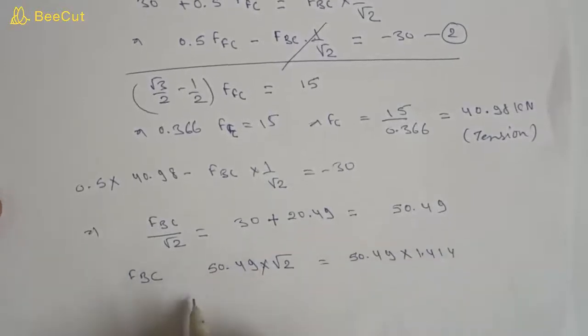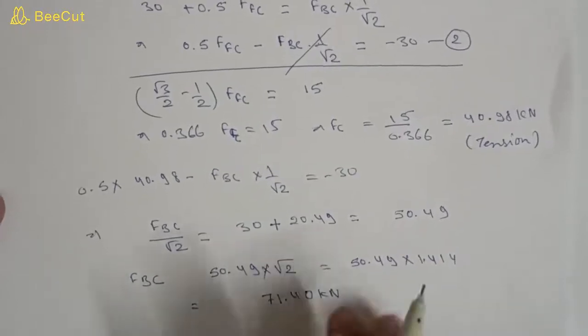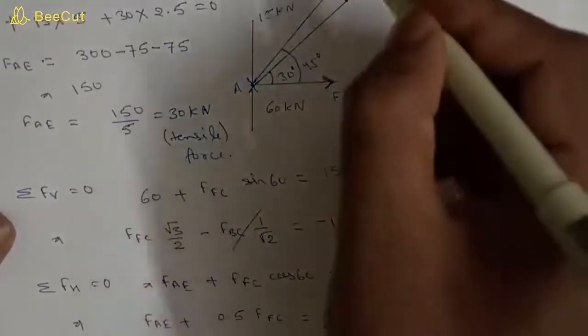If you multiply these two, then we will get 71.40 kilonewton. It is coming positive, so our assumed direction is correct, and FBC is in this direction.